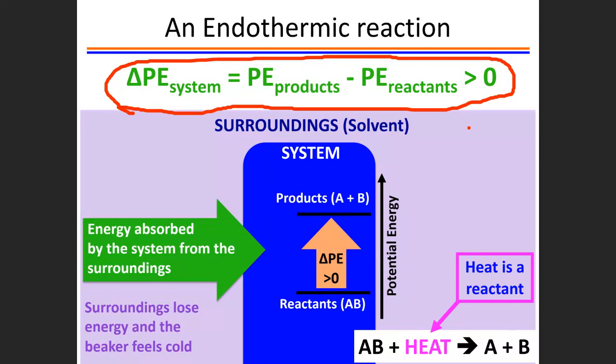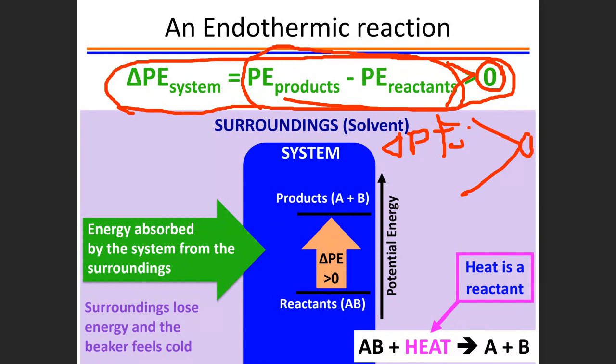If we subtract these two energies, whatever result we get must be greater than 0. So the potential energy change of the system will be greater than 0, that means positive.